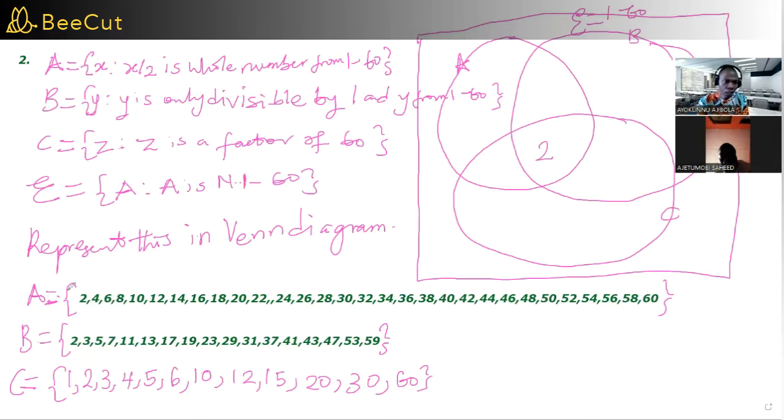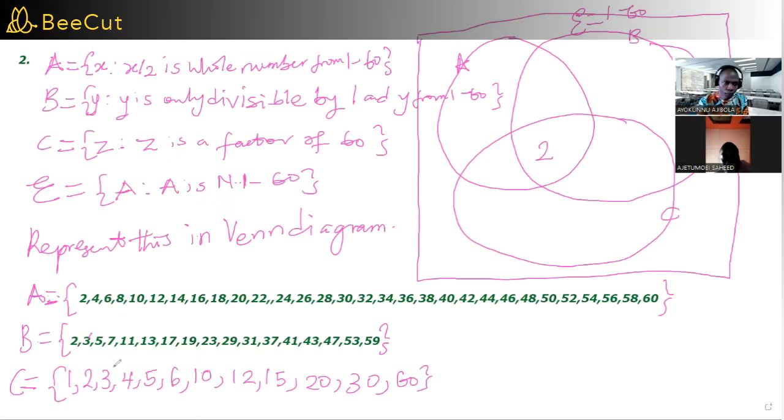Now let me check A and B. What is common to only A and B? For only A and B, I have 2 in A and B. Okay, I've picked 2, so 4. Definitely there is nothing common to only A and B. And let's check B and C. B and C, we have some things common.